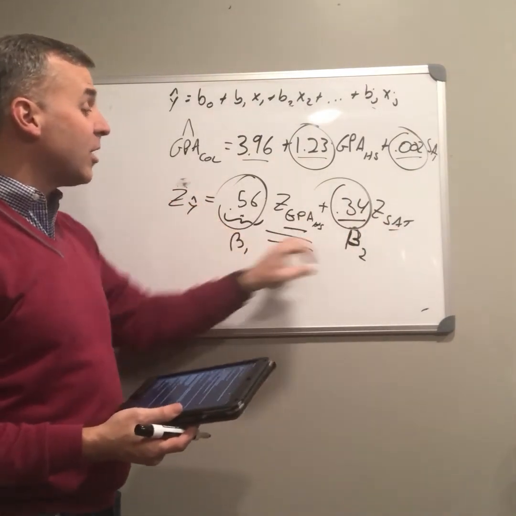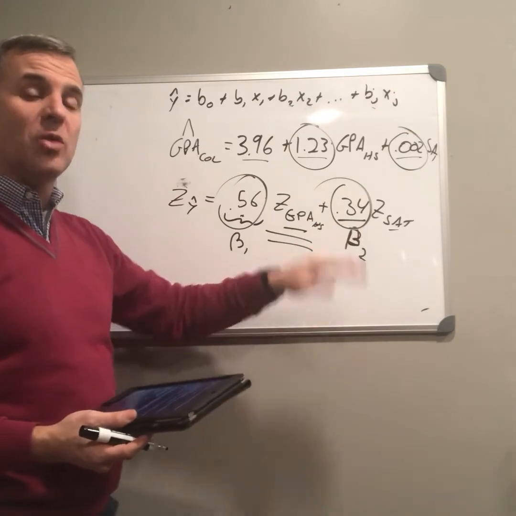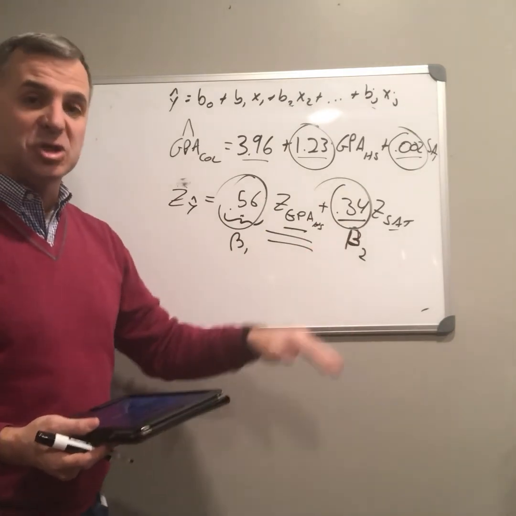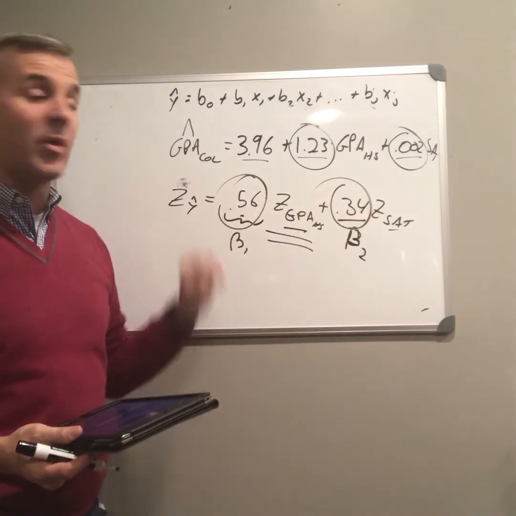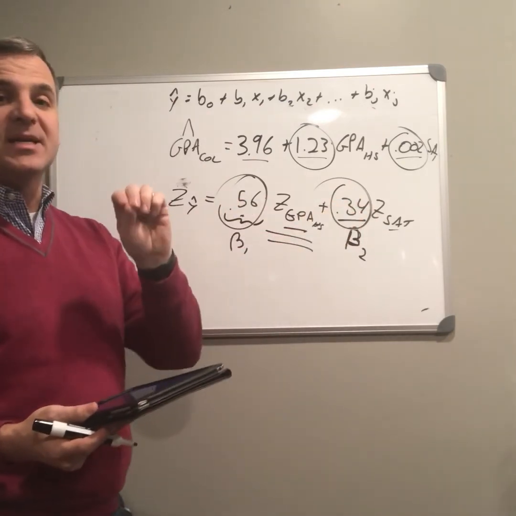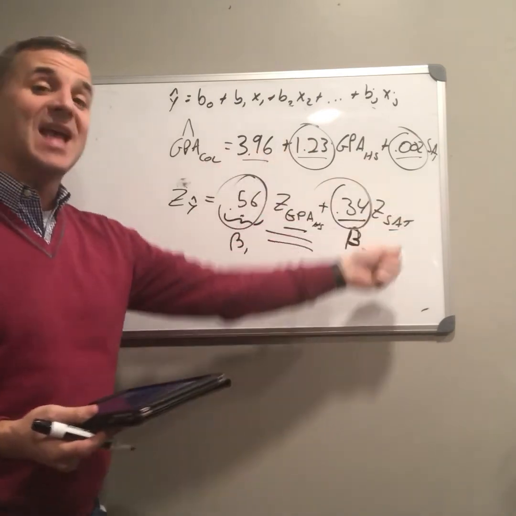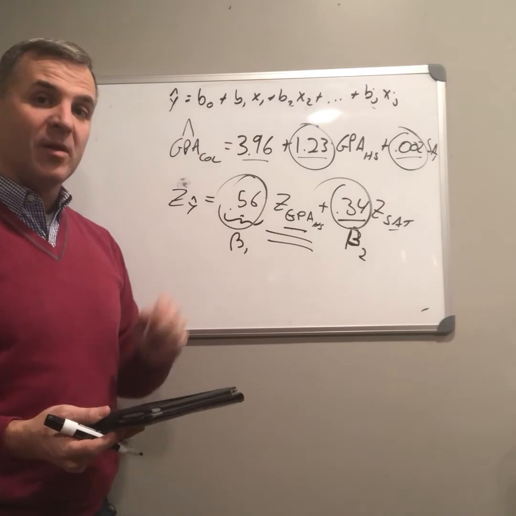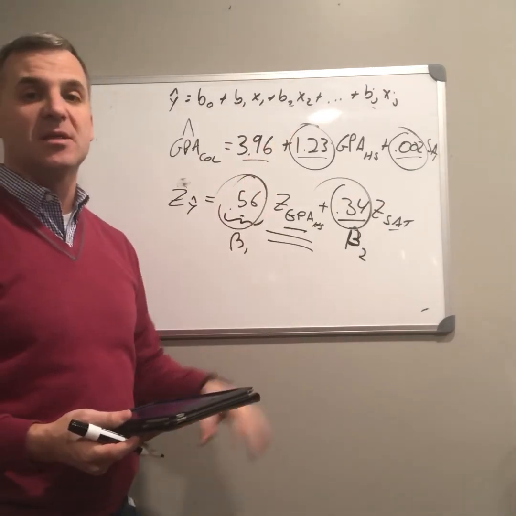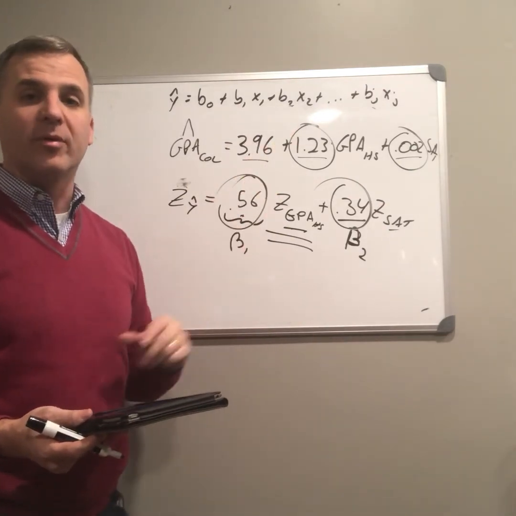There may be value here. In fact, there probably is a lot of value here. I don't necessarily want to drop out an additional variable just because it's not as valuable as the other one. I want to include both of these. Then I'm going to assess how well these together predict my college performance rather than just one of them at a time, right? And that's the value, that's the usefulness of multiple regression analysis.